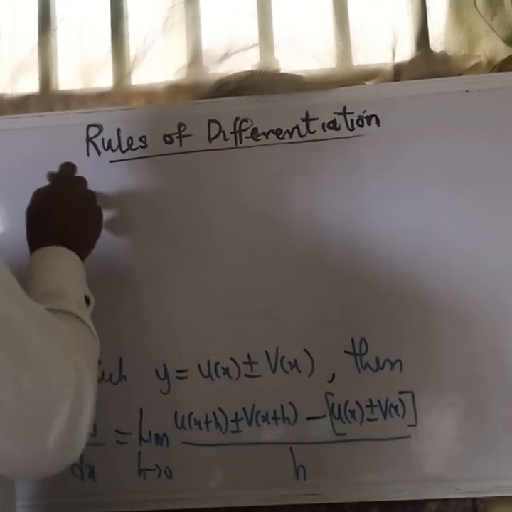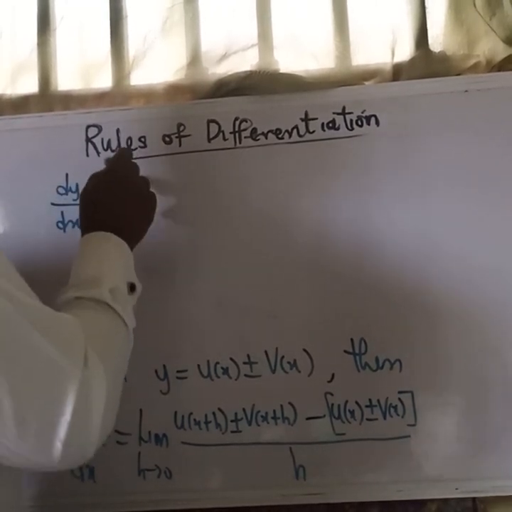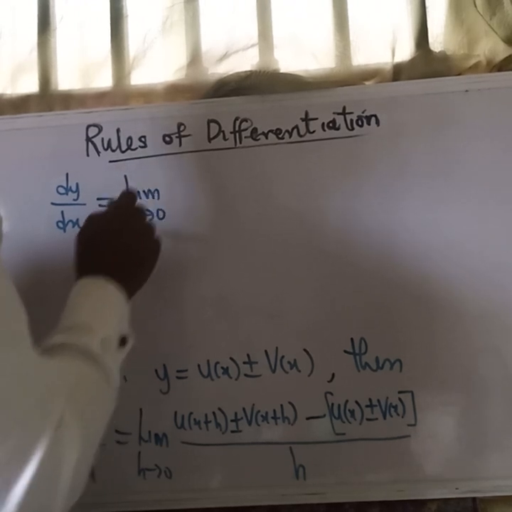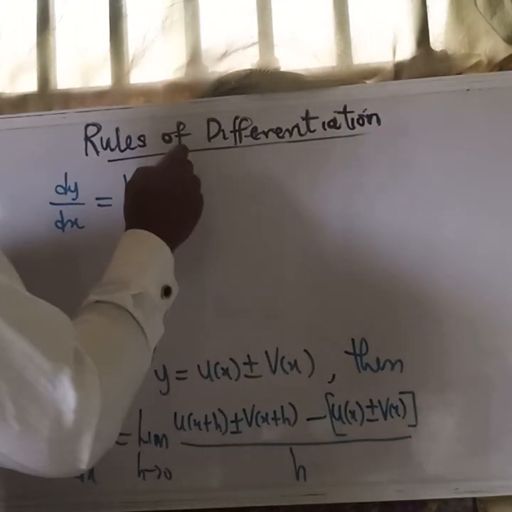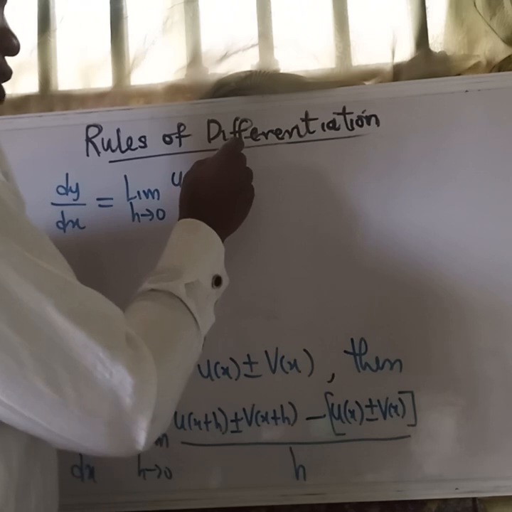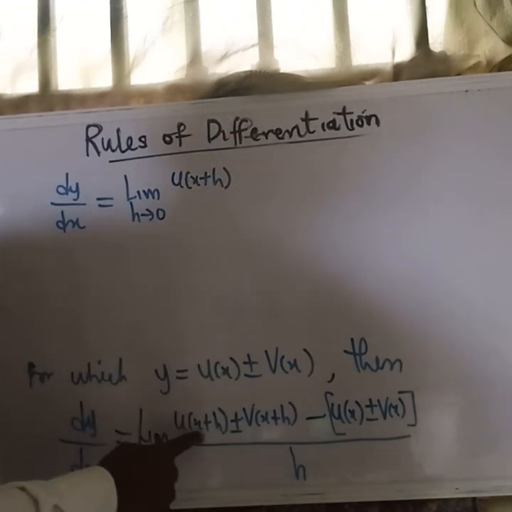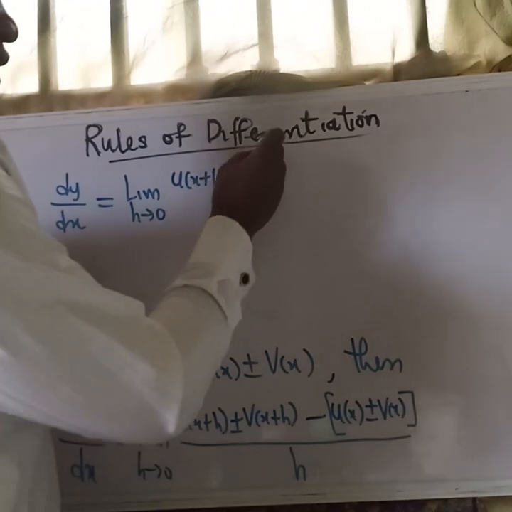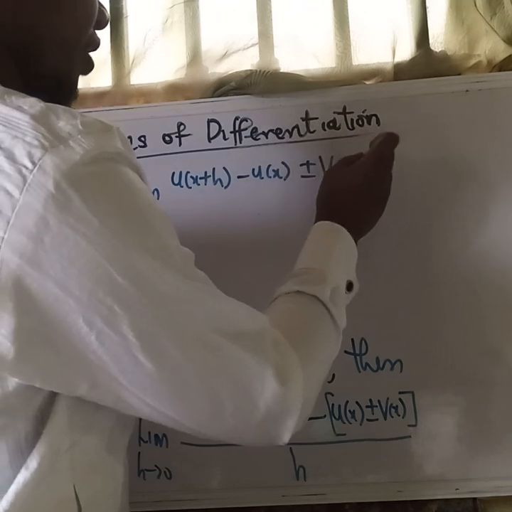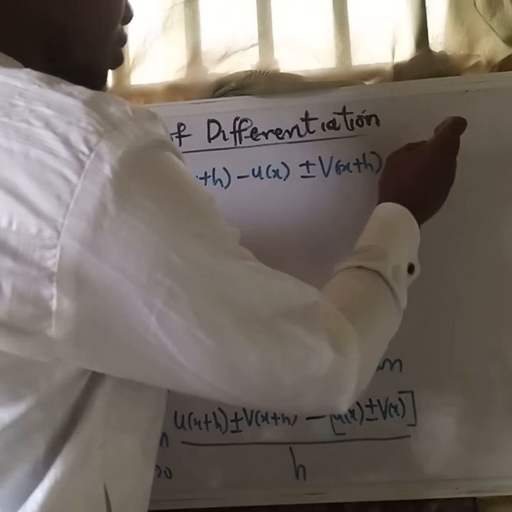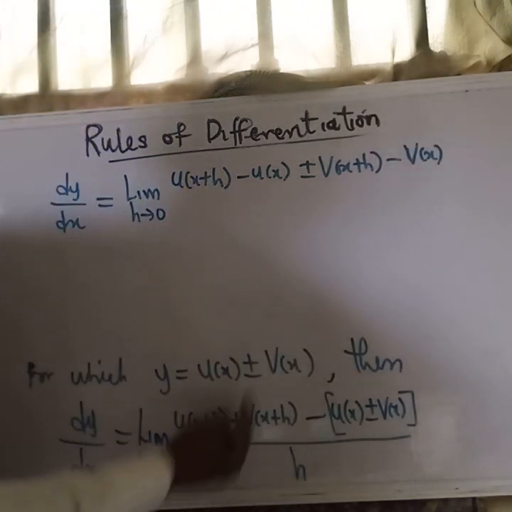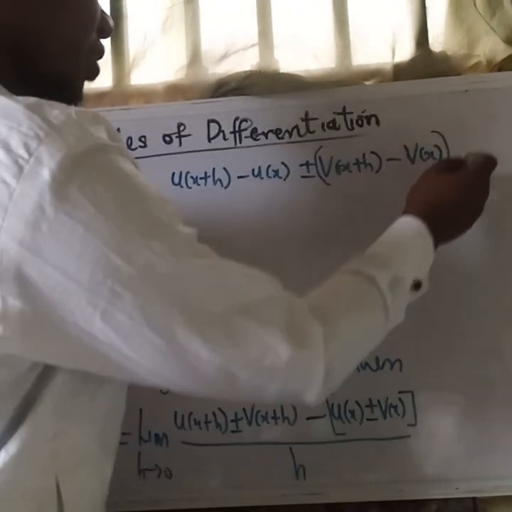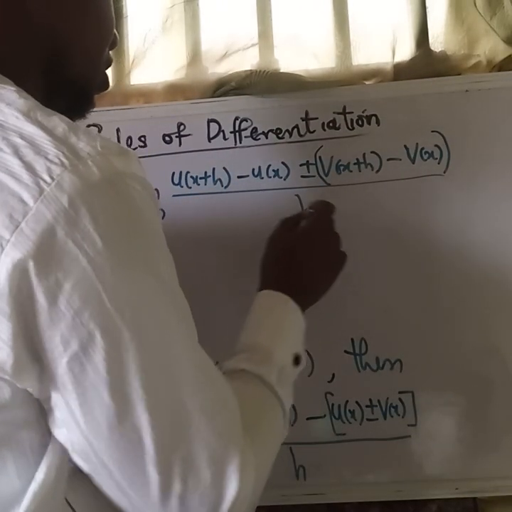Okay, so this is equal to the limit as h tends to 0. So we open the bracket here and group the terms in terms of u and v. So we have u of x plus h minus u of x, plus or minus v of x plus h minus v of x, everything over h.